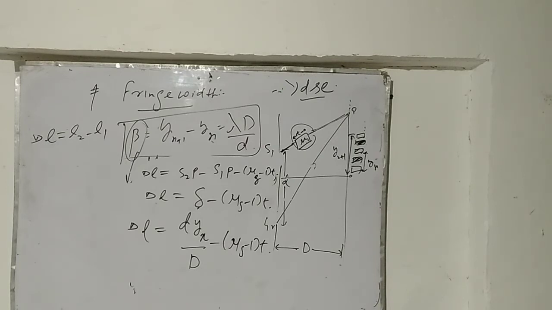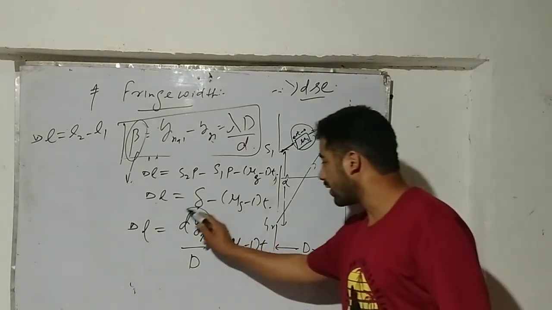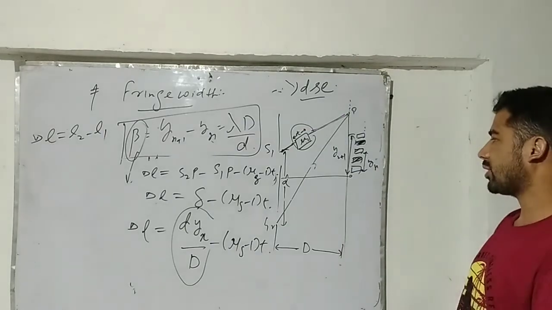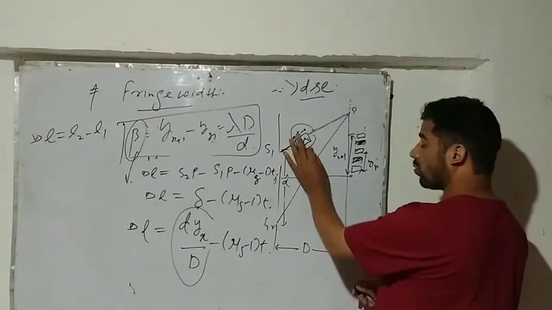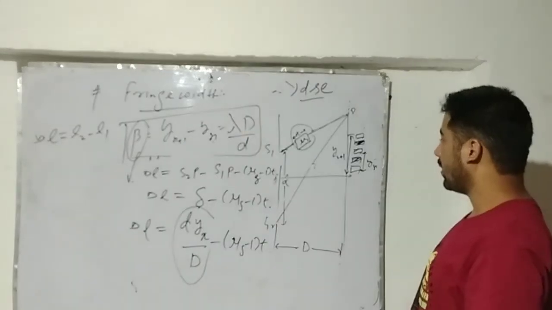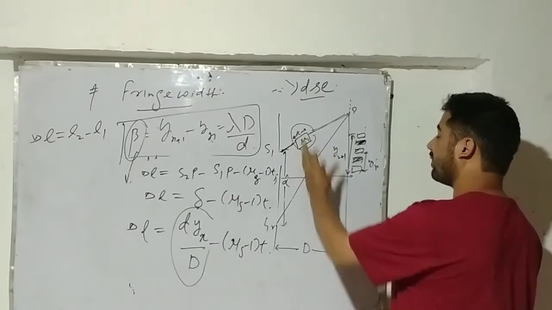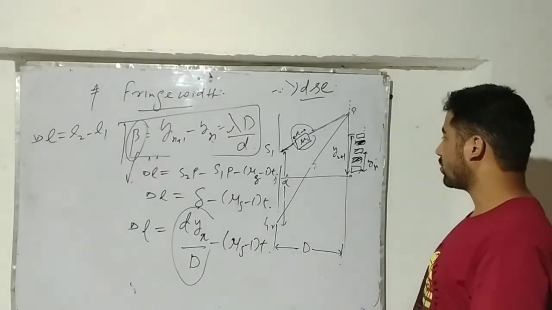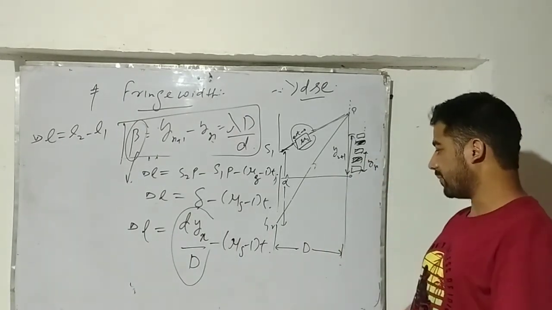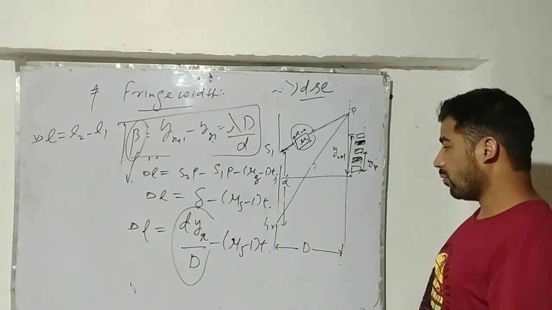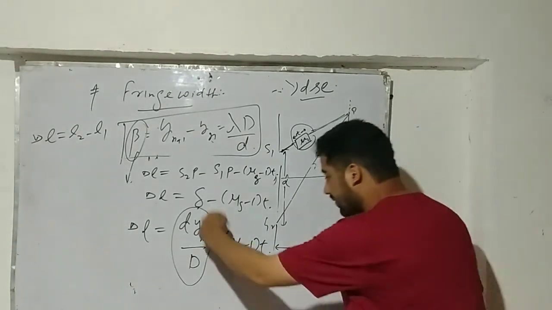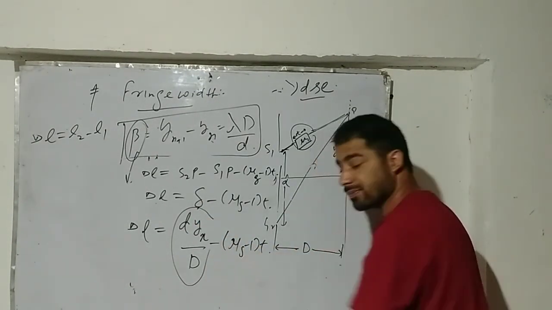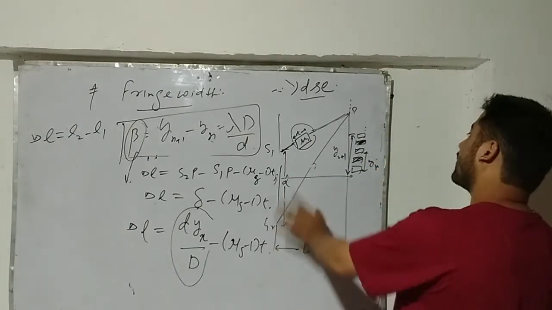Obviously this is something that I got at the first moment when I looked at the description in Young's double slit experiment, but don't look for any new thing in front of any other slit. Obviously there is a shift in the position of the fringe by this much.